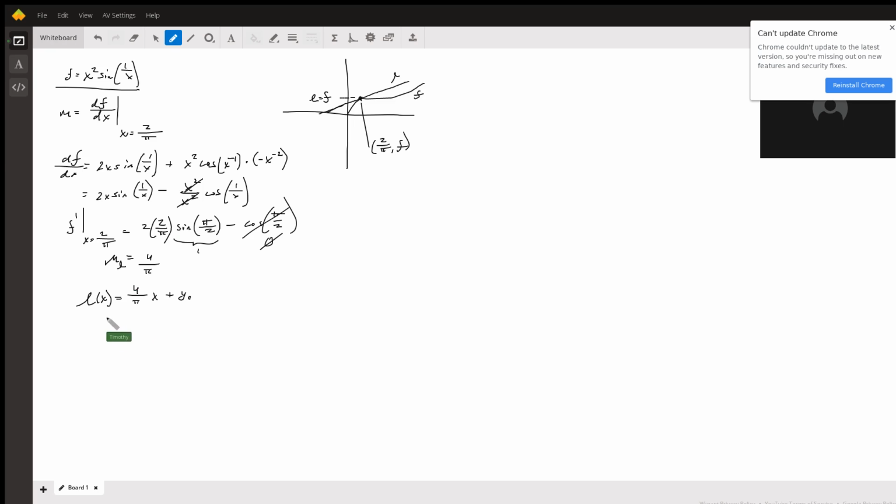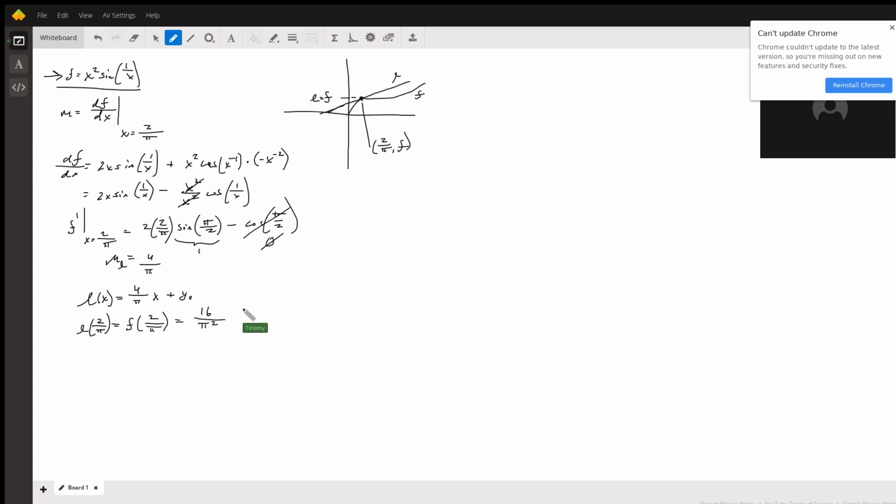So we'll say L of 2 over pi must equal f at 2 over pi because they intersect. So f at 2 over pi, we can go over the calculations, but that's basically going to equal 16 over pi squared. You can just plug that right into f up here.